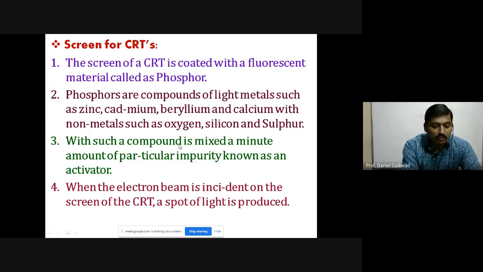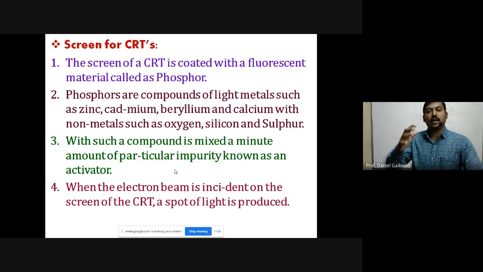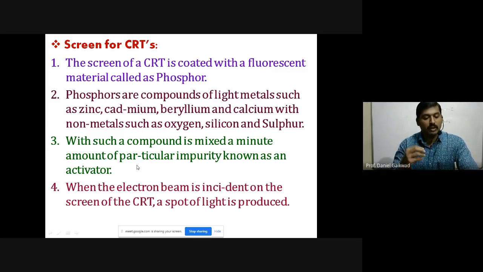With a mixture of small amounts of these, that thin layer is coated inside the glass screen of the CRT, and when the electron beam is incident on that layer, the spot will glow. So this is the working of the screen of a CRT.